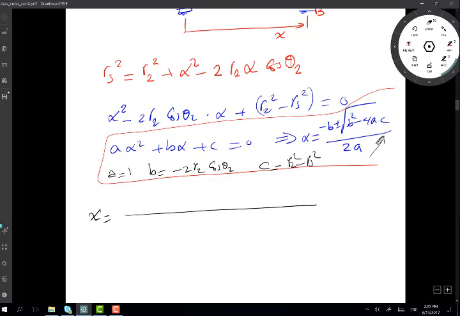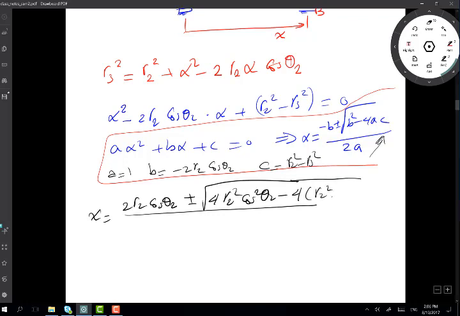So minus b will be 2 R2 cosine theta 2 plus or minus the square root of 4 R2 squared cosine squared theta 2, and then take away 4 times the product of a, which is 1, times c, so it's 4 times R2 squared minus R3 squared, all over 2 times a, which is 1, so over 2.